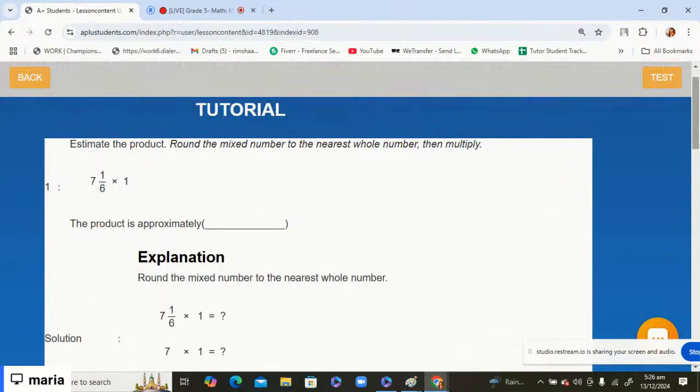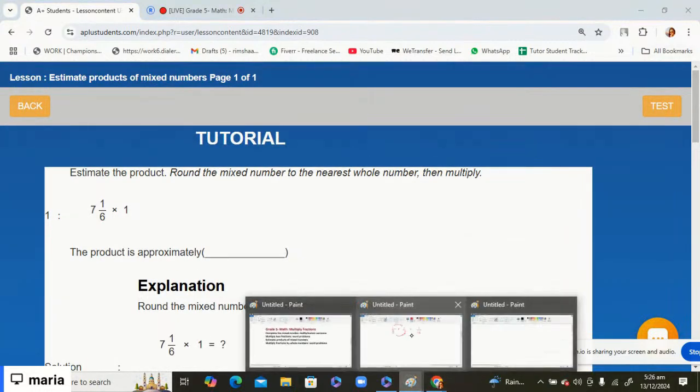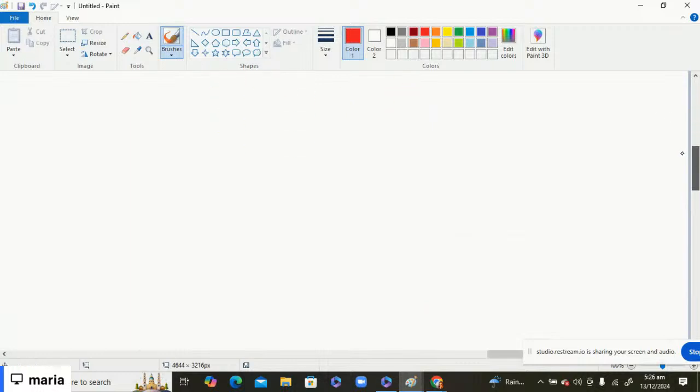If there is one mixed number and one whole number, then how can we multiply and write our answer? It's like this way. For example, if your question is 7 and 9/5 times 6. How can we solve it? First of all, solve the mixed fraction.